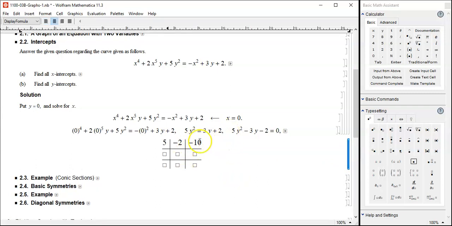And then factors of negative 10 that add up to negative 3. What times what? 5 and 2 have difference 3, and which one is plus, which one is minus? Looks like that's what you're going to need. Negative 5 times positive 2 is negative 10, and they add up to negative 3.